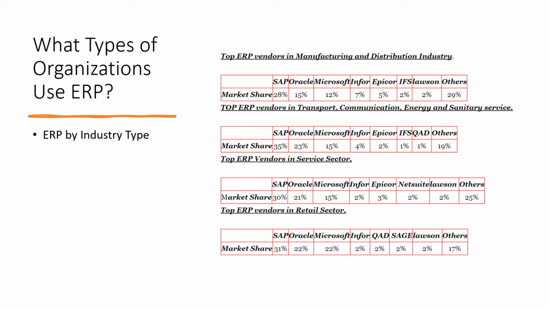Now, every industry can use an ERP system. There practically is one made for every industry type. The big players, though, are SAP, Oracle, Microsoft, and a few others. If you look at this chart, you can see that really no matter what sector the company is in, SAP, Oracle, or Microsoft is the preferred brand.